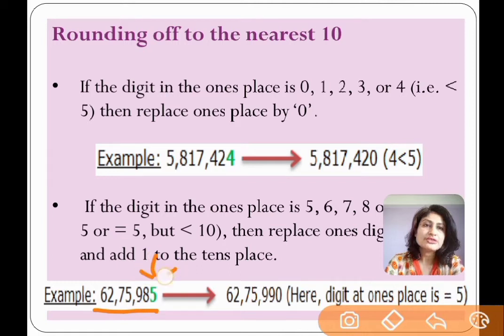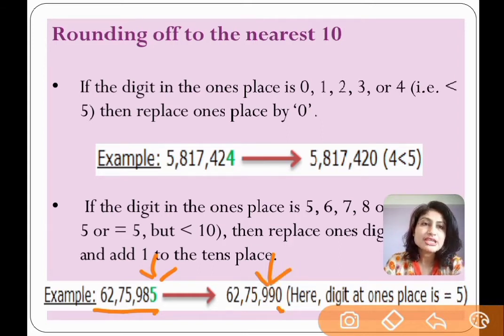Now check this ones position. Again I am telling you, whenever you round off to the nearest 10, you have to check the ones digit. So here the ones digit is greater than or equal to 5. Yes, it is equal to 5. So what to do? Replace this ones position with 0 and add 1 to the tens position. So what is here in the tens position?